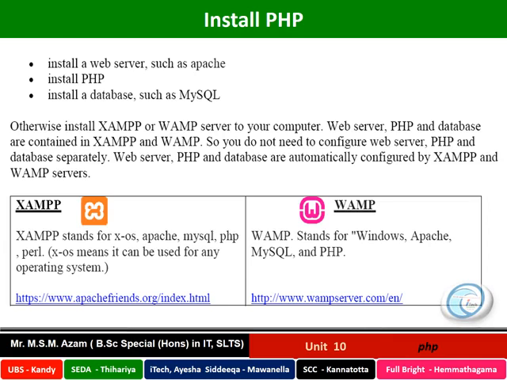Or we have the second method. In second method, we can install either XAMPP or WAMP server to our computer. When you install XAMPP or WAMP server to our computer, we will get all the above three components: web server, PHP and database in the same software application.